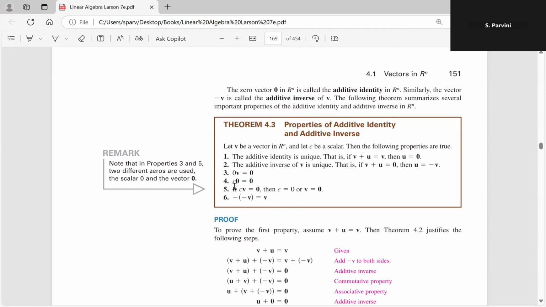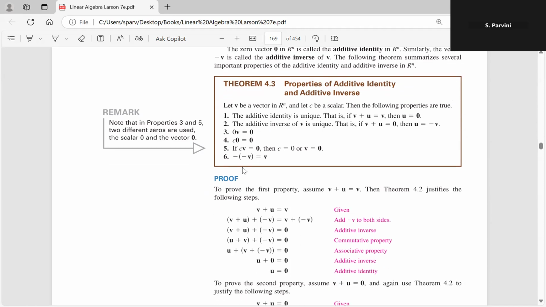So this is a consequence of 3 and 4, and we can prove this one actually. Think of it as the zero factor principle for scalar multiplication: the scalar must be 0, or v must be a 0 vector. And number 6, double negative rule: the negative of a negative gives you positive. So the opposite of an opposite gives you positive v. Hopefully everybody's still okay on this.